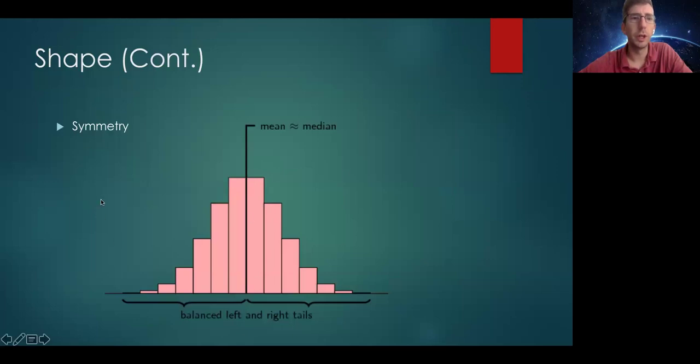Okay, so a little more on shape. From a histogram, we can also tell if our data is symmetric, right? And so what this means is that it's balanced on the left and the right side compared to the middle. We often call the left and the right the tails of our histogram or the tails of our distribution.